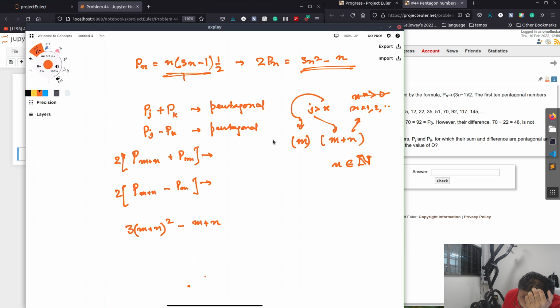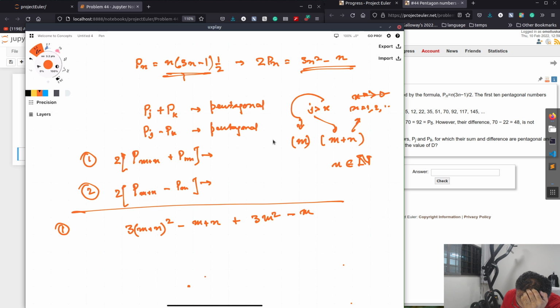This is equation 1, that is 2 times P(m plus n), and then we have to look at Pm, which is 2 times Pm, just equal to 3m squared minus m. That's the value.